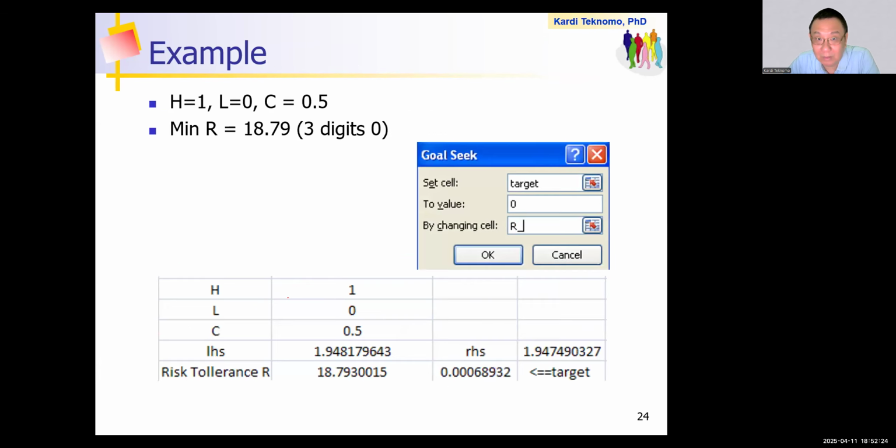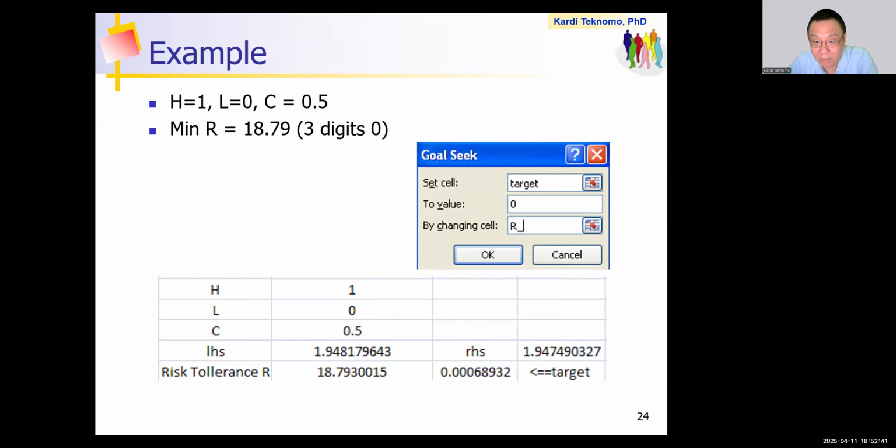So here, I give you an example of that 50%, 50%. You put, for example, H is 1, L is 0, and C is 0.5. This is the example. So how do you calculate?